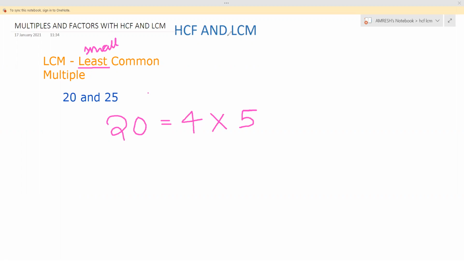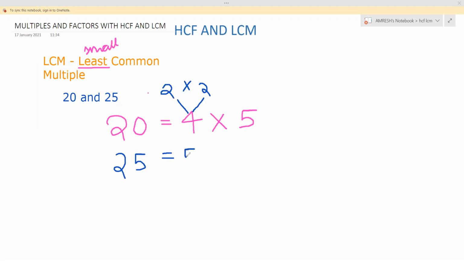And this 4 you can divide into prime numbers, 2 into 2. So what did you get for 20? 2 into 2 into 5. For 25, there is only one thing, 5 into 5.